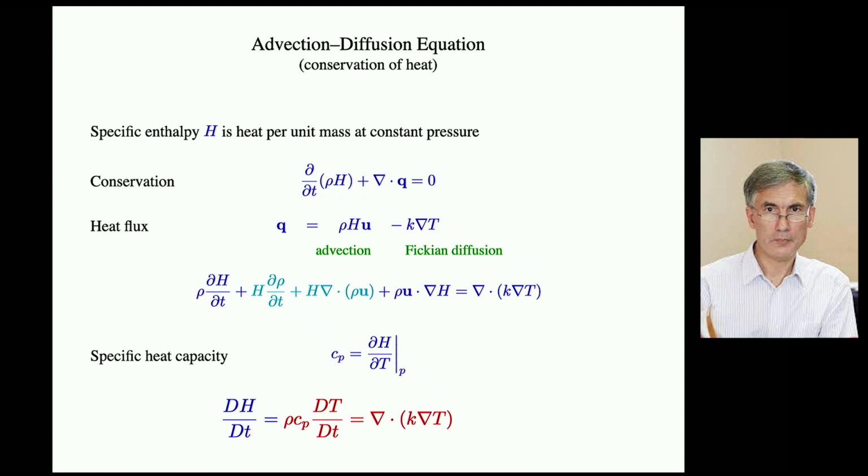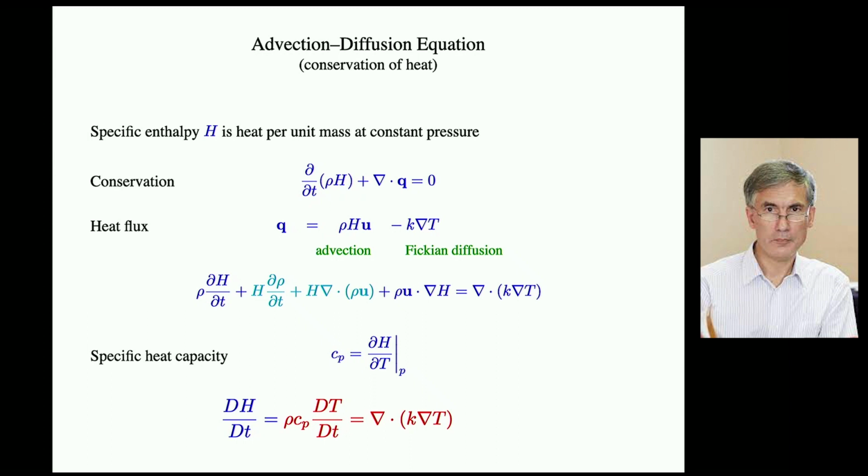So mass conservation gets rid of those two terms, and I'm left with rho dh/dt plus rho u dot grad h, which is rho, the density, times the material derivative of h, equals the divergence of the diffusive heat flux.